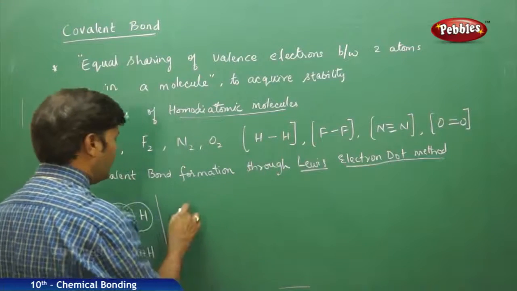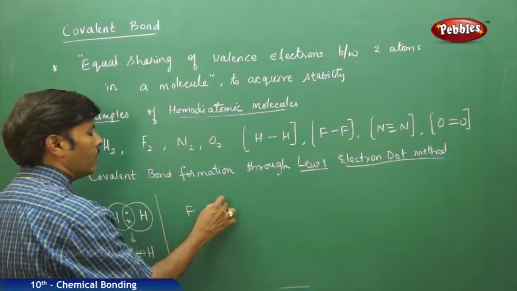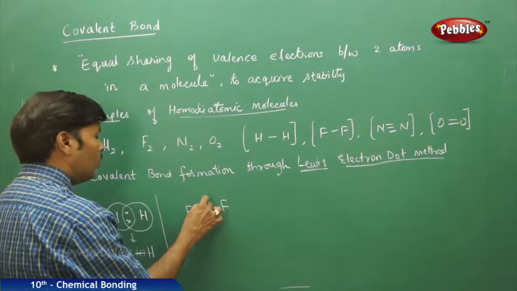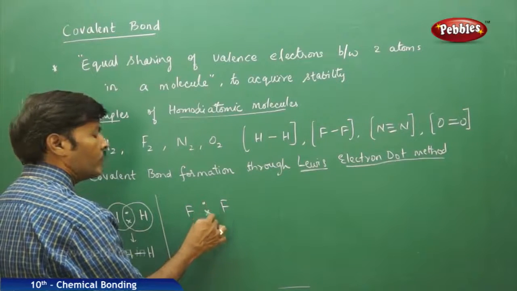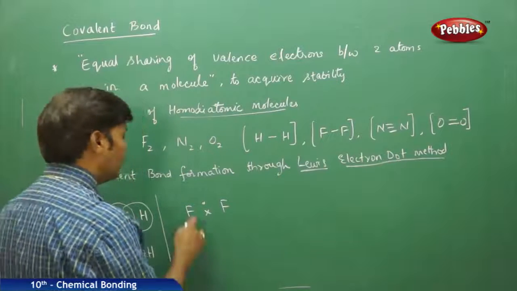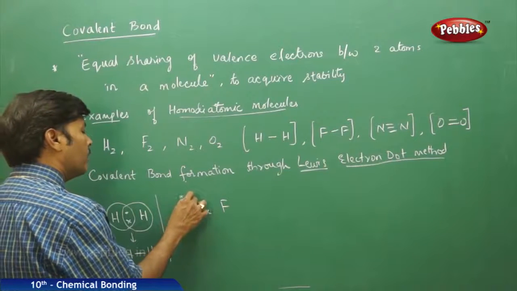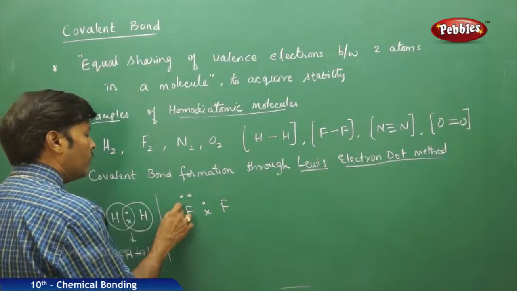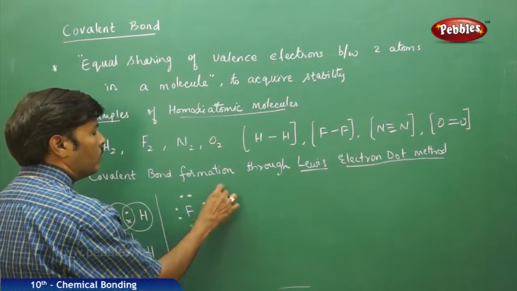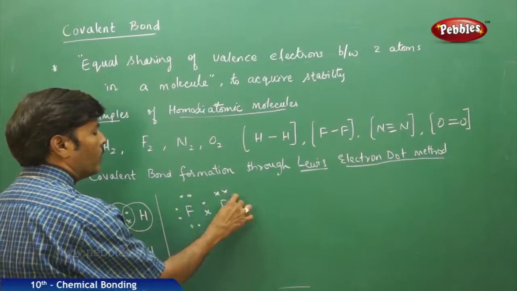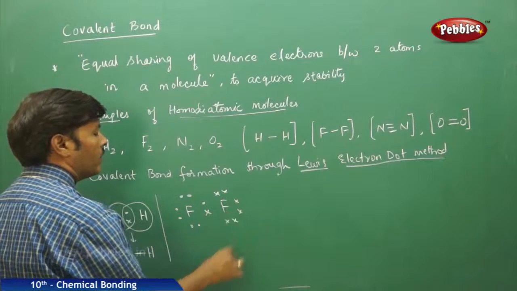Next, if you go for fluorine, each fluorine has 7 valence electrons. Each fluorine will try to share 1 electron, leaving behind the remaining 6 electrons.